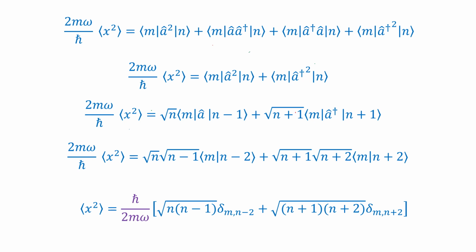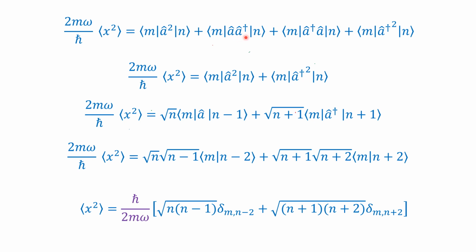Now we have this expression. First take the second inner product. If you operate the creation operator on n, it raises the energy level by one state. Don't worry about the expansion coefficient.